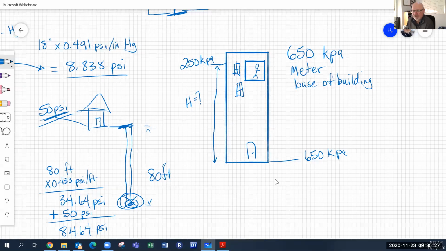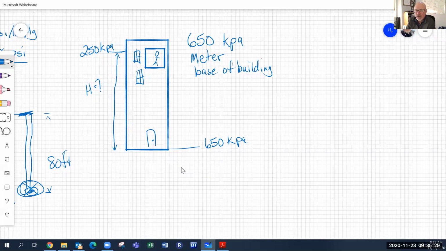In this question, I need 250 at the top, so I have 650 at the start and I have to minus off 250, minus, not divide, because I need that at the top. So I only have 400 kPa to push the water upwards.